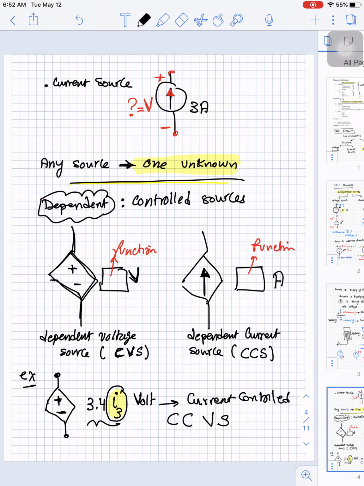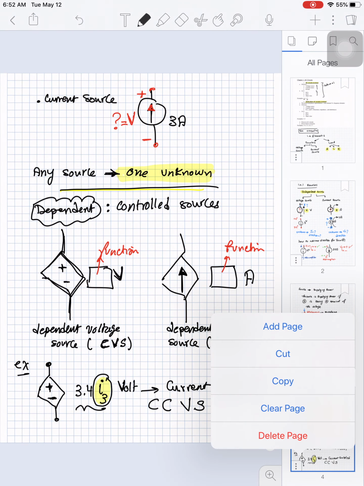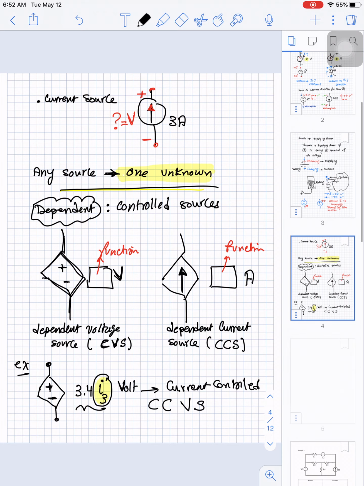Another example, say you are given a voltage source as 2.85 Vp, and this value again is in volt. It is sketched in the circuit, and it is mentioned that this source has a value of 2.85 Vp.